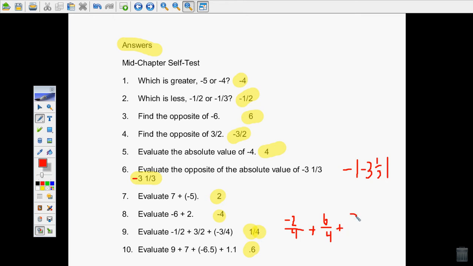So when you go to add fractions, even with sign numbers, you keep the denominator the same once you convert them all to common denominators. And then to find this numerator of 1, you just added -2 plus 6 plus a -3.